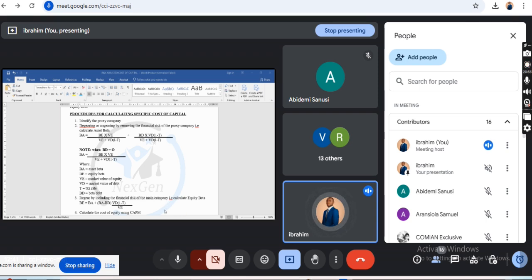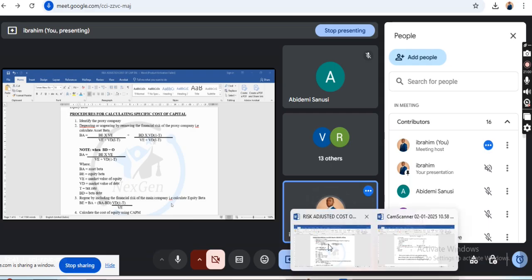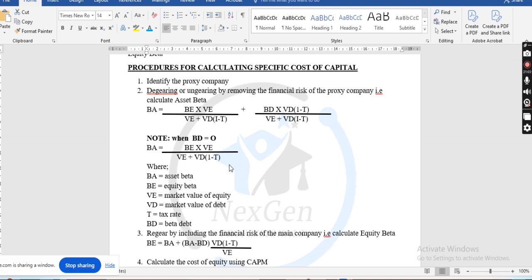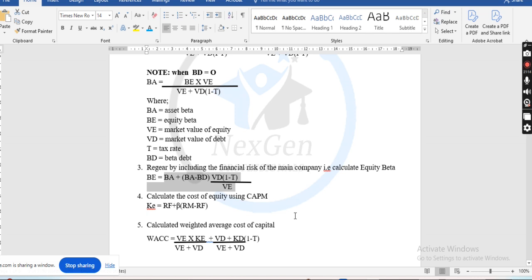That is why they say equity beta measures financial risk and business risk, because it includes both the financial risk of the main company and the business risk of the industry that you are diversifying into.